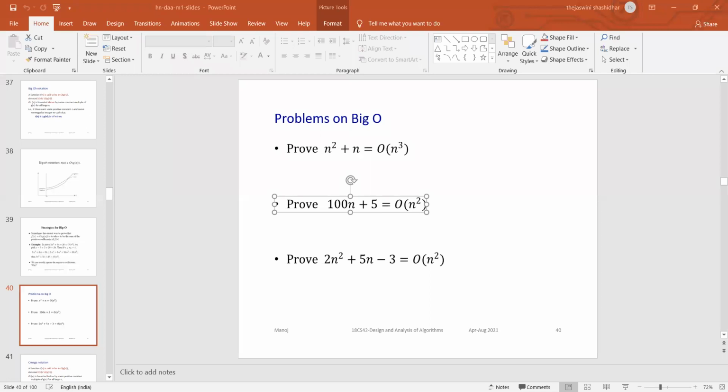What is G of n? For this, I have marked here, C is equal to 100 plus 5, that is 105.